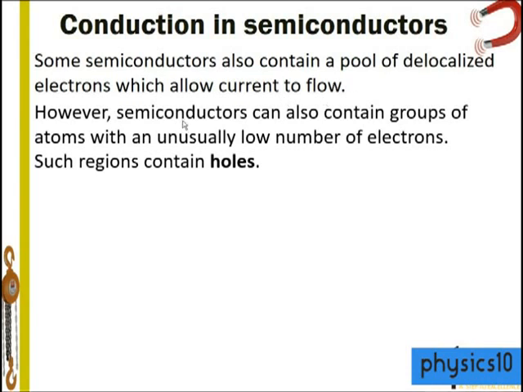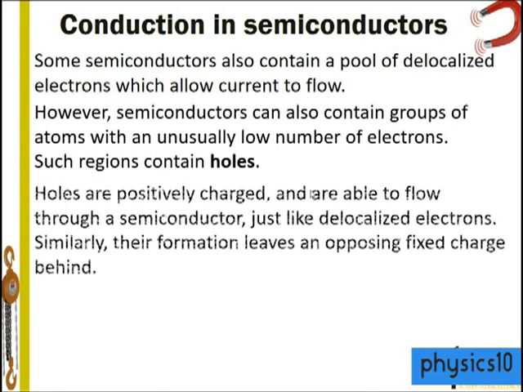However, with semiconductors compared to metals, for example, or conductors, semiconductors can also contain a group of atoms with an unusually low number of electrons. And these regions of atoms contain what's called holes.